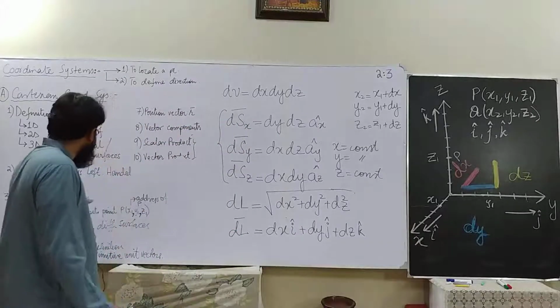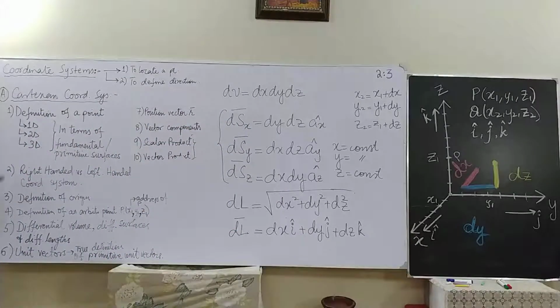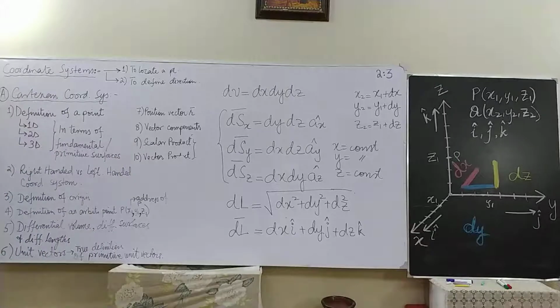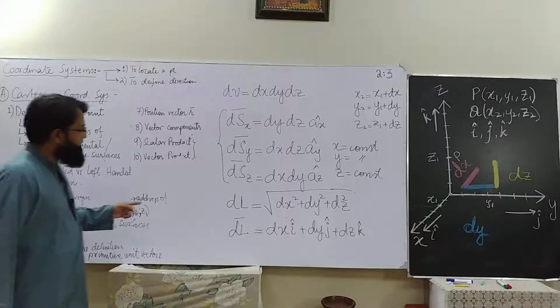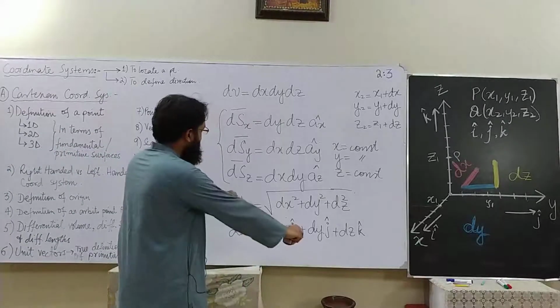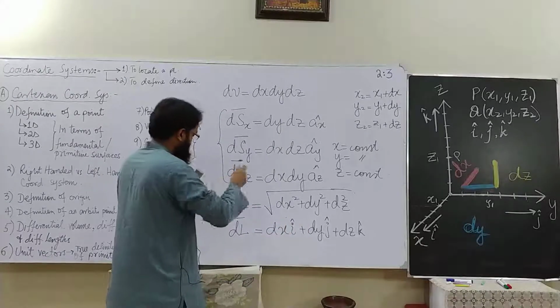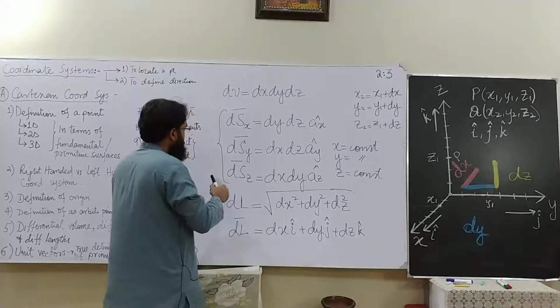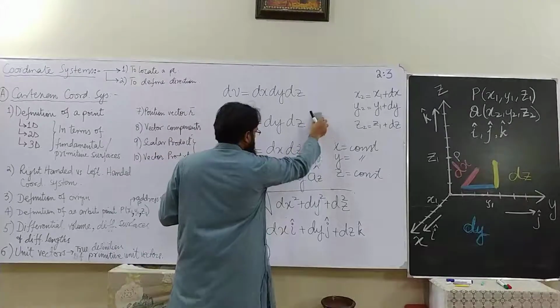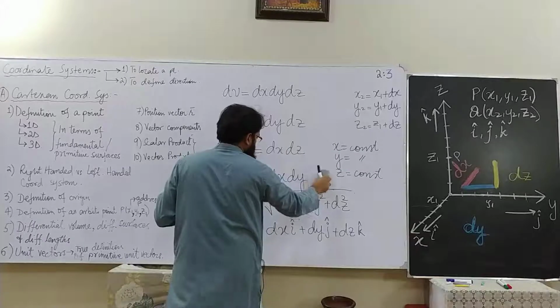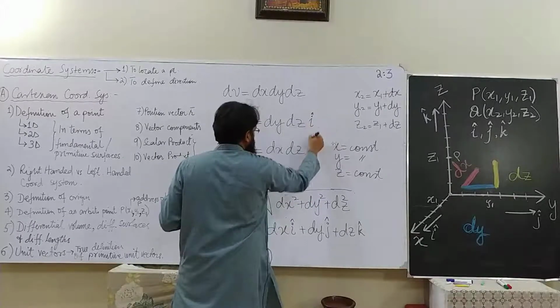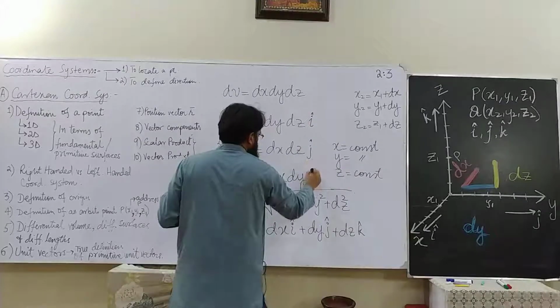We already discussed each and every point here except the points in this column, 7, 8, 9. One thing I should correct is that in the last class I mentioned the unit vectors associated with the differential surfaces as ax, ay, and az. You might have guessed that I meant i, j, and k.